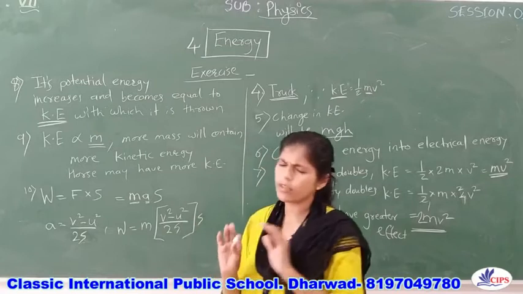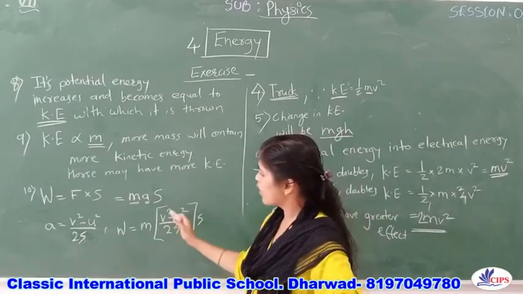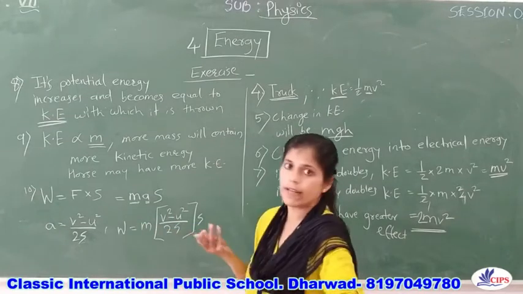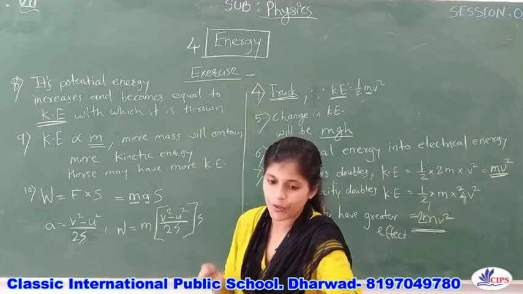Understood? We have not done anything special or different. As per the formula, we are just converting using the values for our answers. We want to get whether the kinetic energy will be changing or not.